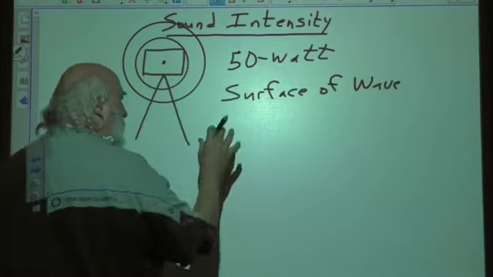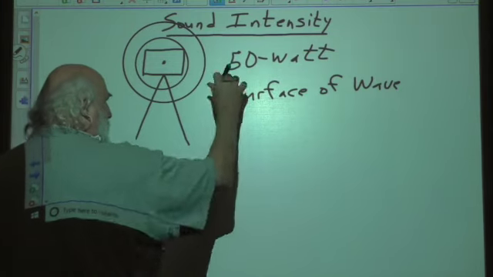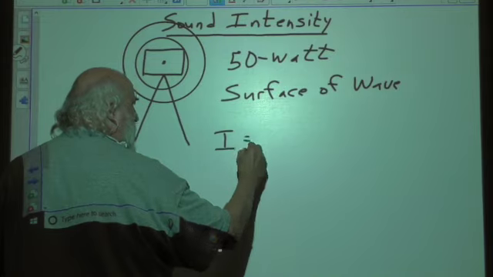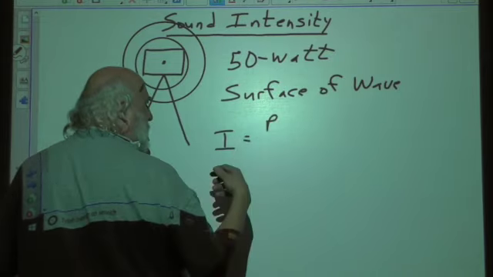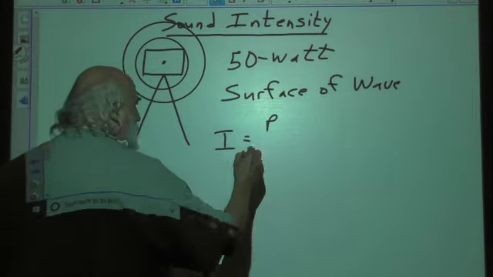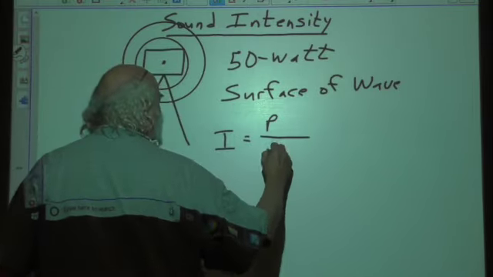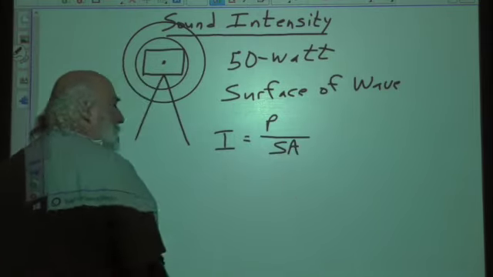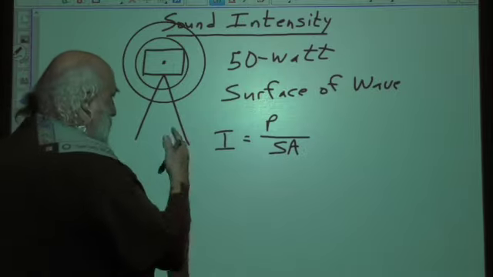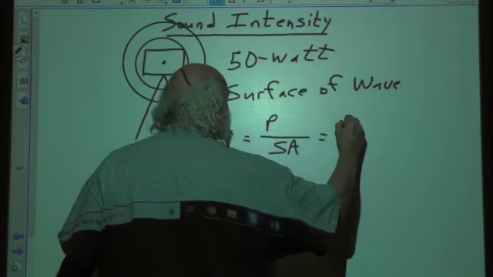So it's this relationship here, and this relationship is what we call intensity, or I. It is the power of the force of the sound divided by the surface area of the wave at any particular point. We know in this case that this is 50 watts.